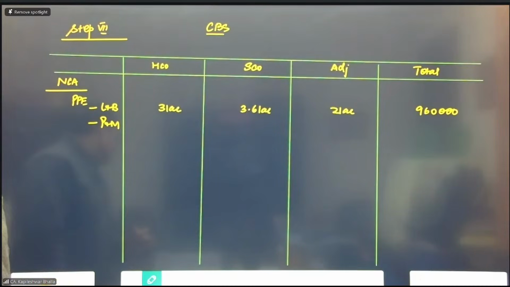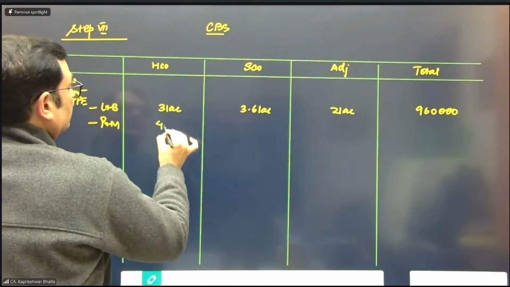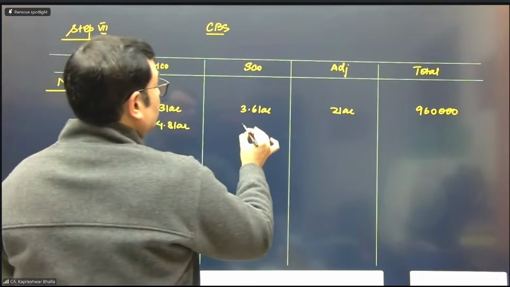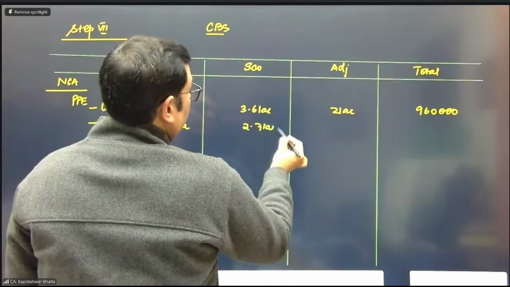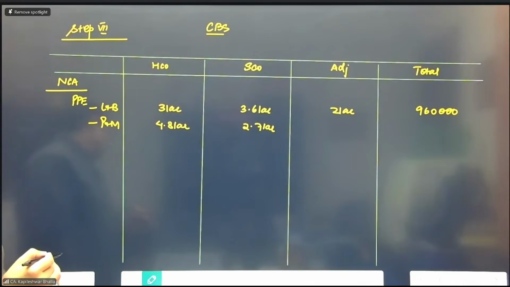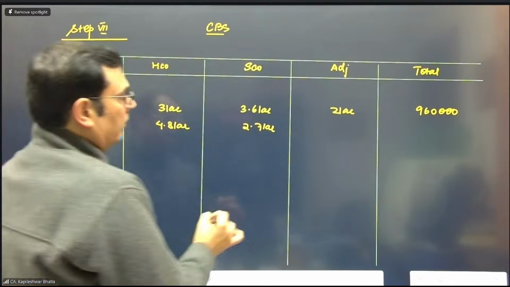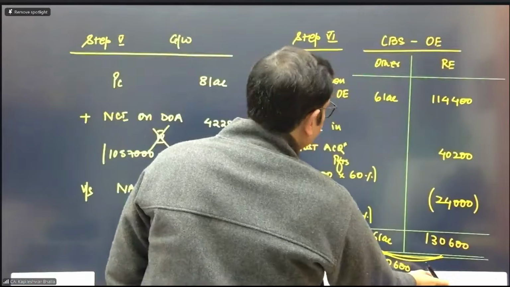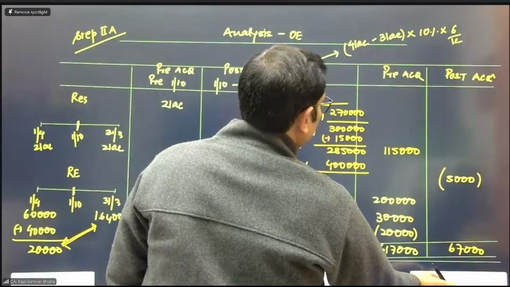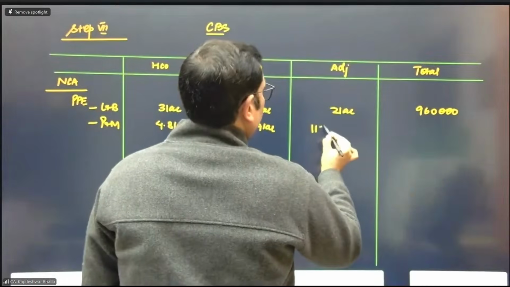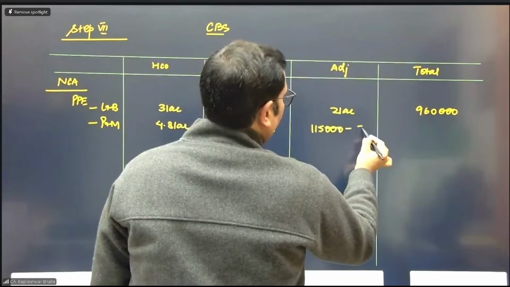The plant and machinery is 4 lakh 80. And for the subsidiary, it is 2 lakh 70. And what was the fair value adjustment for the plant? It was 1 lakh 15, I guess. Yes, 1 lakh 15, and additional depreciation was to the extent of 5,000.